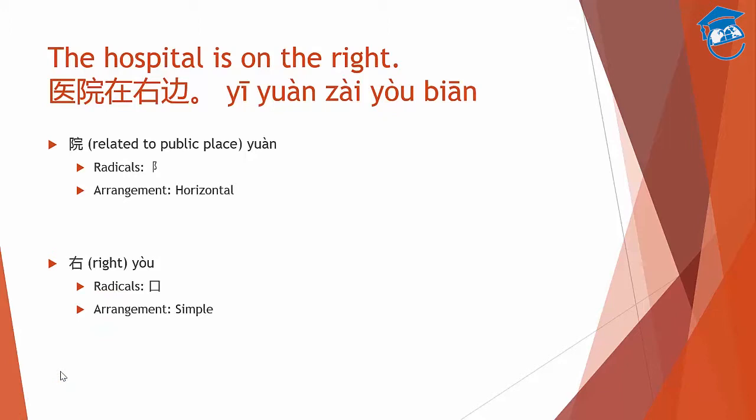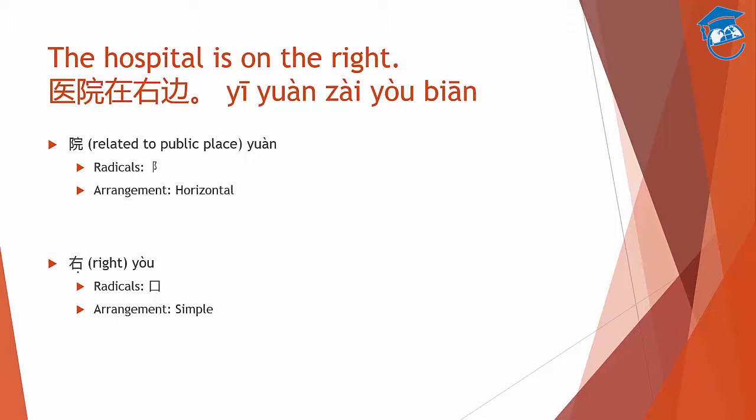Okay, 医院 means hospital. We have learned yi as to heal or to cure. So 医院 is like a place to heal and to cure. So naturally 医院 means hospital.